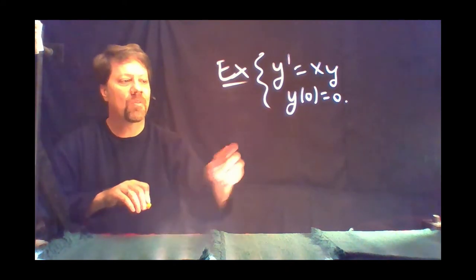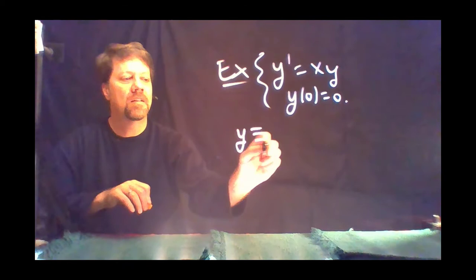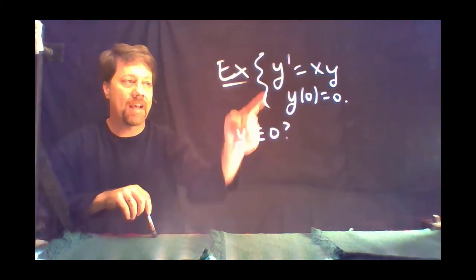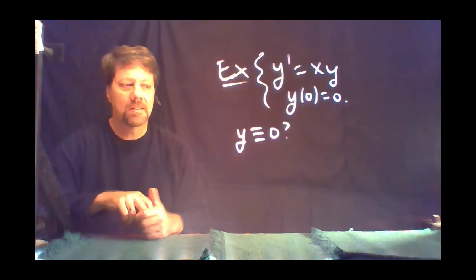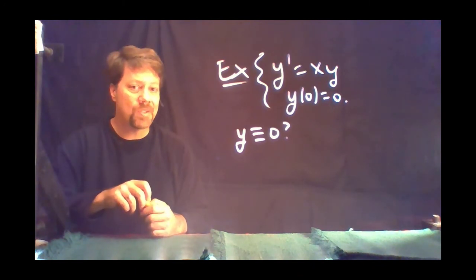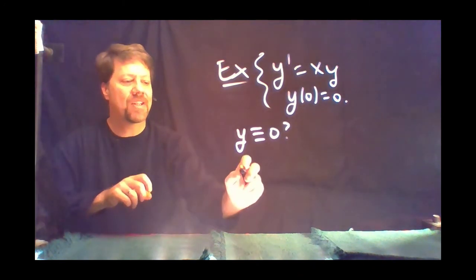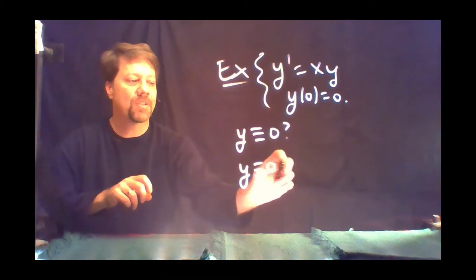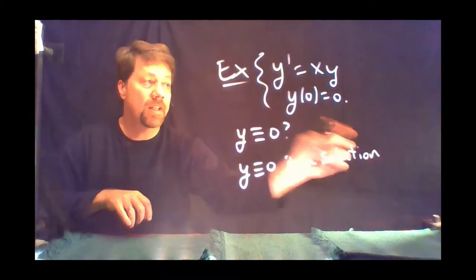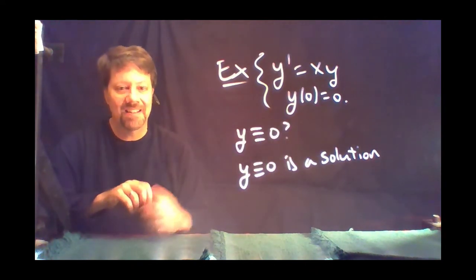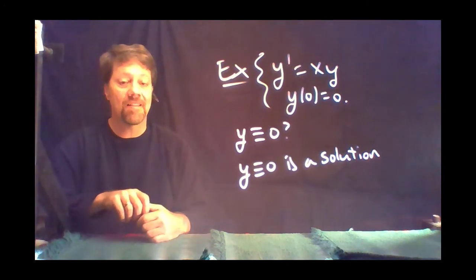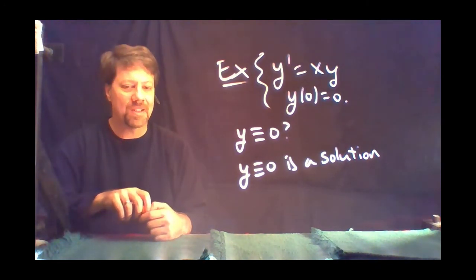A function of y identically equal to 0 would have derivative equal to 0 everywhere. And if y is equal to 0, doesn't matter what x is, the right-hand side is going to be 0 as well. So it's easy to check y identically equal to 0 is a solution to the initial value problem. But by the Picard existence uniqueness theorem, we know that this is the only solution, the one and only solution.